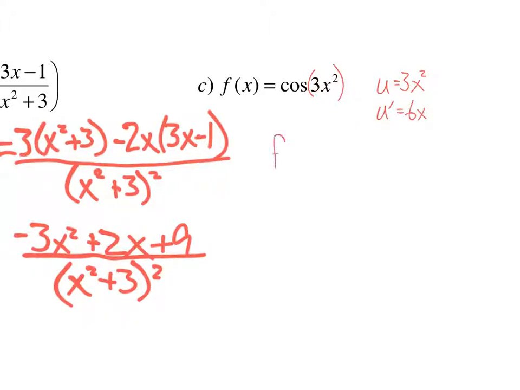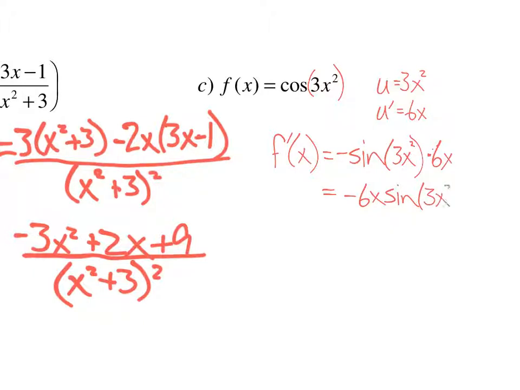So when I'm doing f prime of x, the derivative of the outer function, the cosine, is a negative sine, and it's still of 3x squared. And then I multiply by the derivative of the inside, which is 6x. So I could rearrange that to make it look a little nicer, and it's a negative 6x sine of 3x squared.